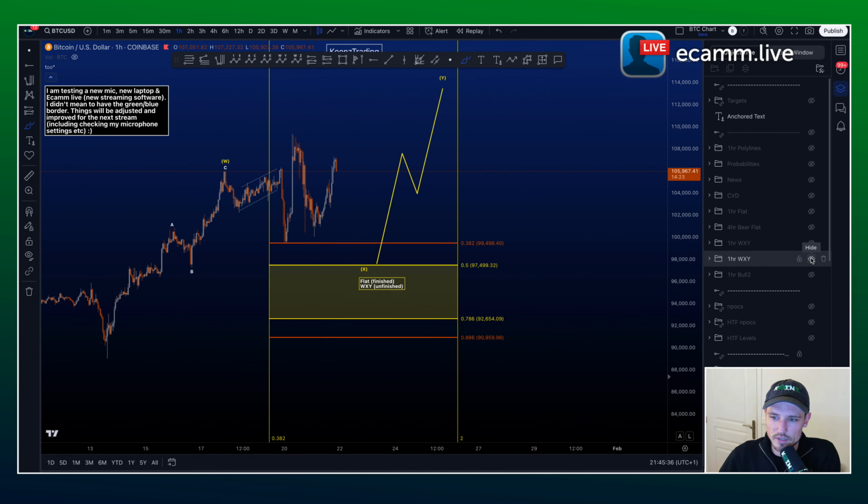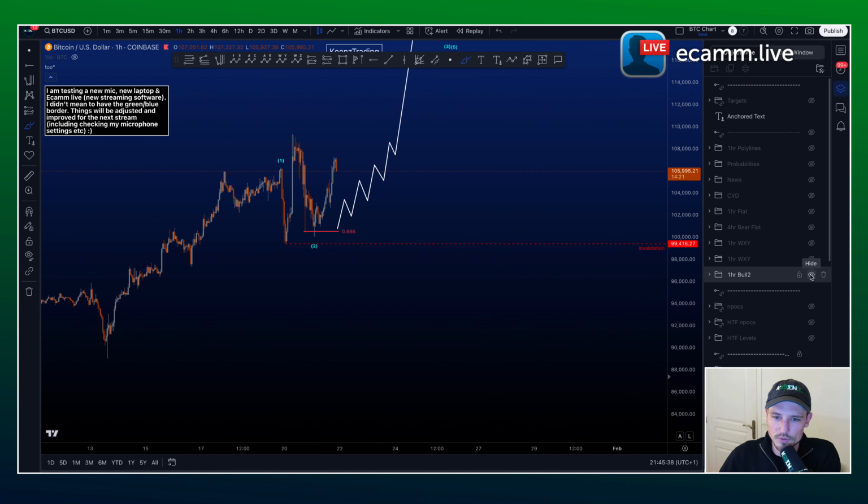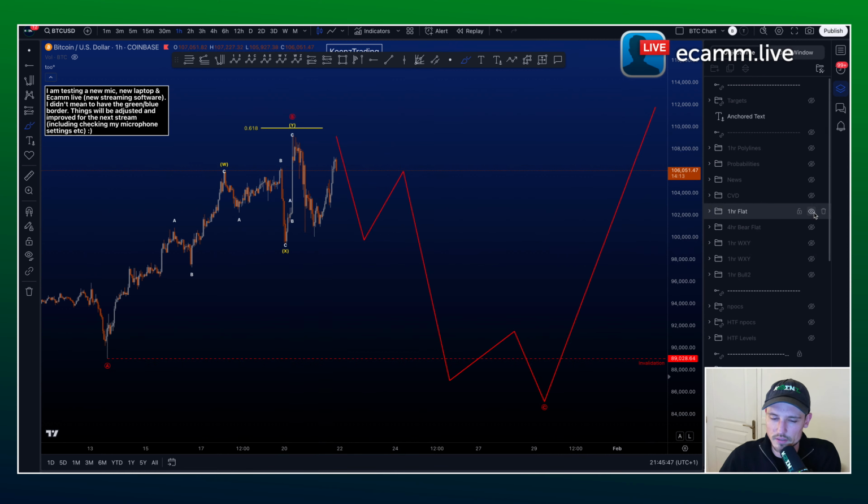So a WXY to the upside looks better than an impulsive structure, right? In both cases, probabilities remain higher still to take the high, just because the bearish scenario, this one, you didn't hit the 618.